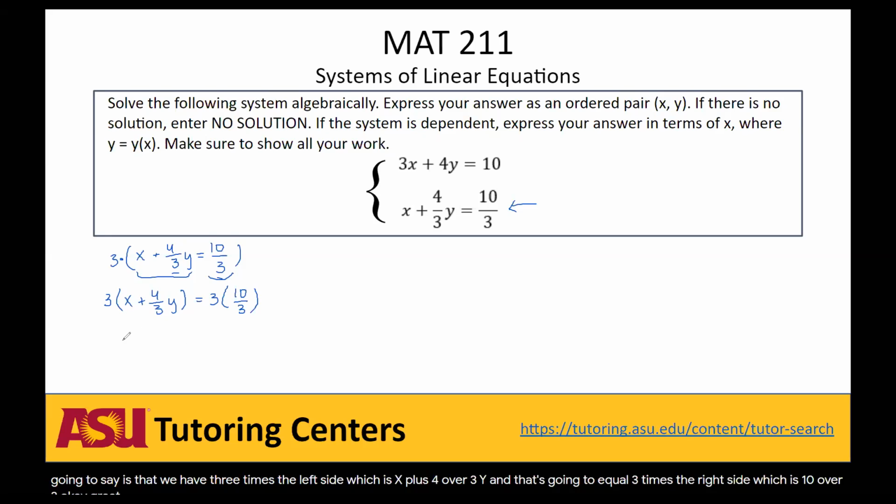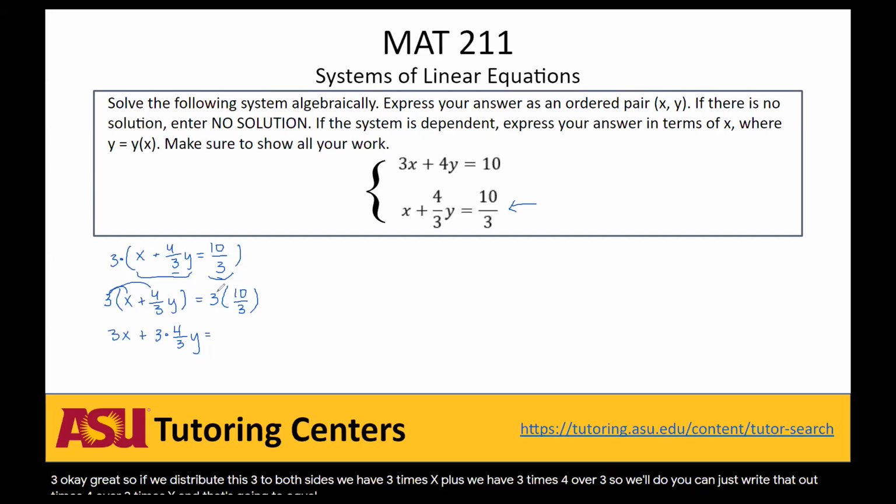Okay, great. So if we distribute this 3 to both sides, we have 3 times x plus 3 times 4 over 3 times y. And that's going to equal 3 times 10 over 3 on this side.